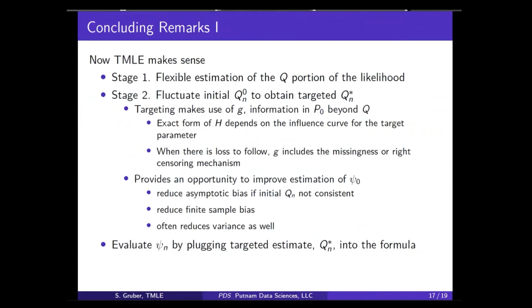And the other thing I want to tell you, just a few more things, is that hopefully now TMLE makes a little bit of sense. Let me just go over what we did today. Stage one was easy. Use some flexible estimation procedure to estimate the Q portion of the likelihood. And the real big thing is estimating that outcome regression, because the QW part is pretty easy.